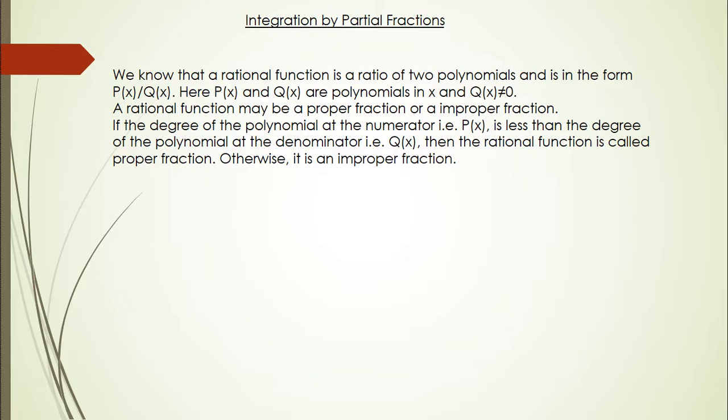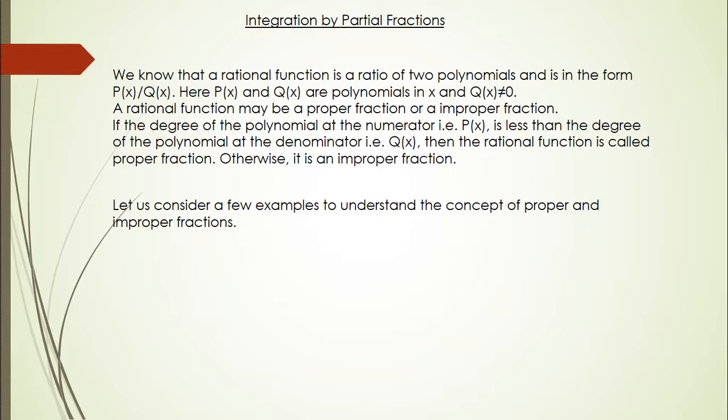A rational function may be a proper fraction or an improper fraction. If the degree of the polynomial at the numerator, that is p of x, is less than the degree of the polynomial at the denominator, that is q of x, then the rational function is called a proper fraction. Otherwise, it is an improper fraction.